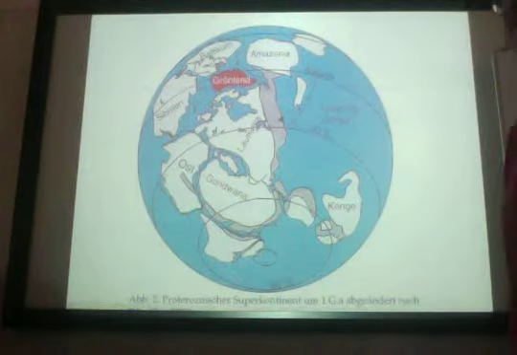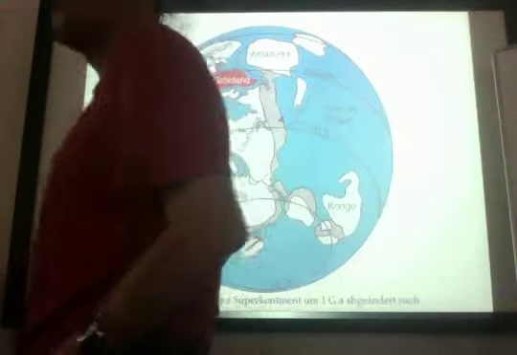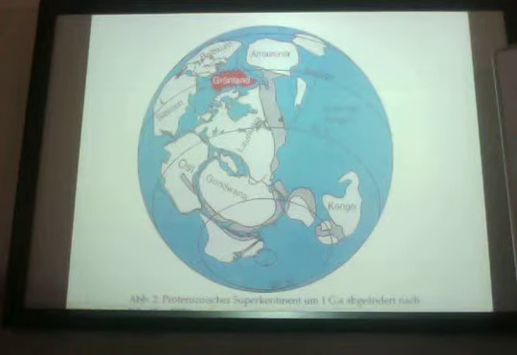So where does the internal heat of this planet come from? This planet is heated up from the planet itself. That is the internal heat, and then you have the external heat, and the external heat is the sun. And where is most of the internal heat produced?